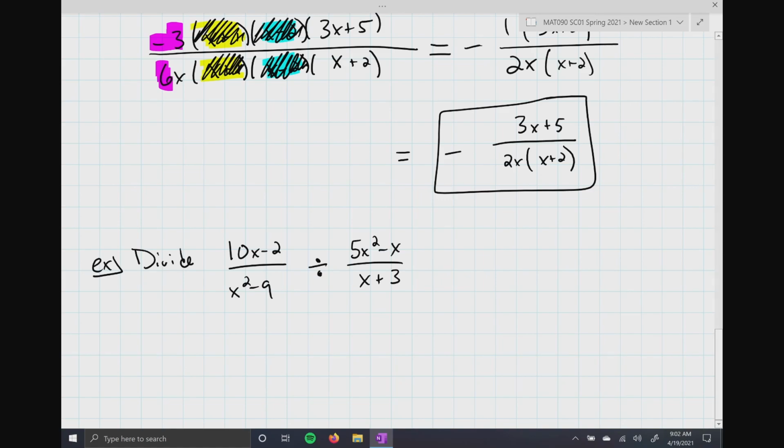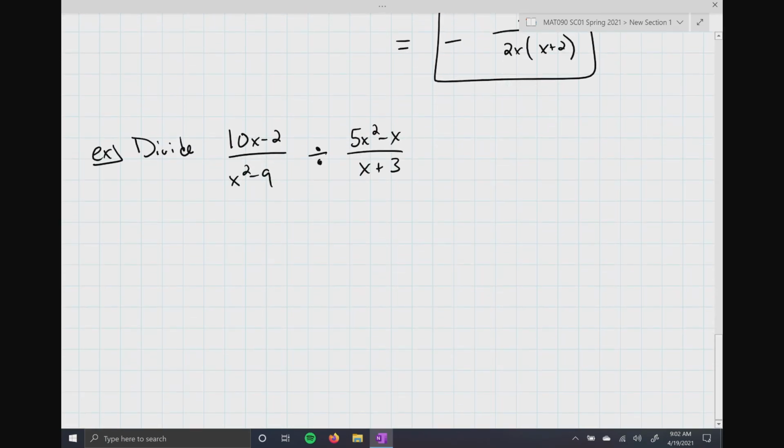All right, so step 1, rewrite if necessary. So I look real quick. I see that all of my polynomials are already written in descending order, so that's good. However, I'm dividing. So you've got to recall to divide fractions, you rewrite the first.